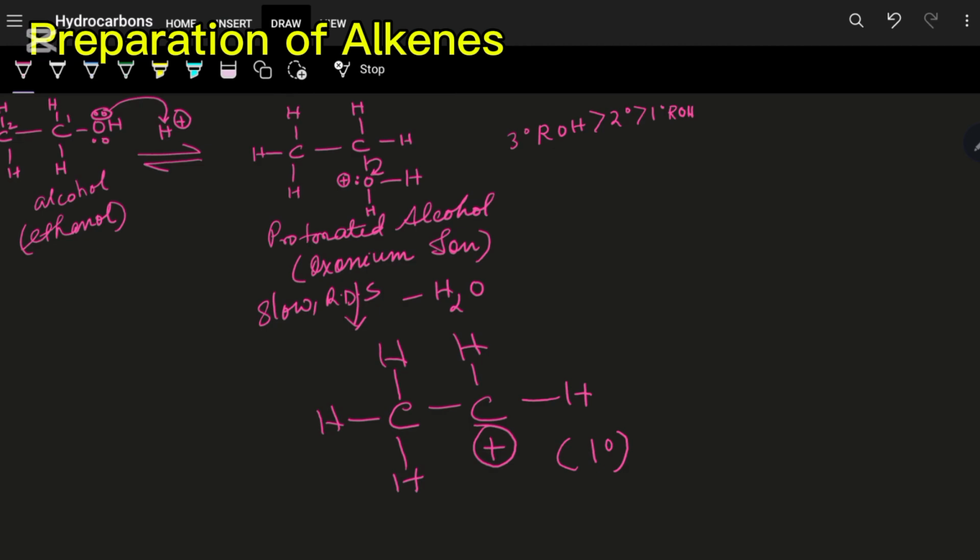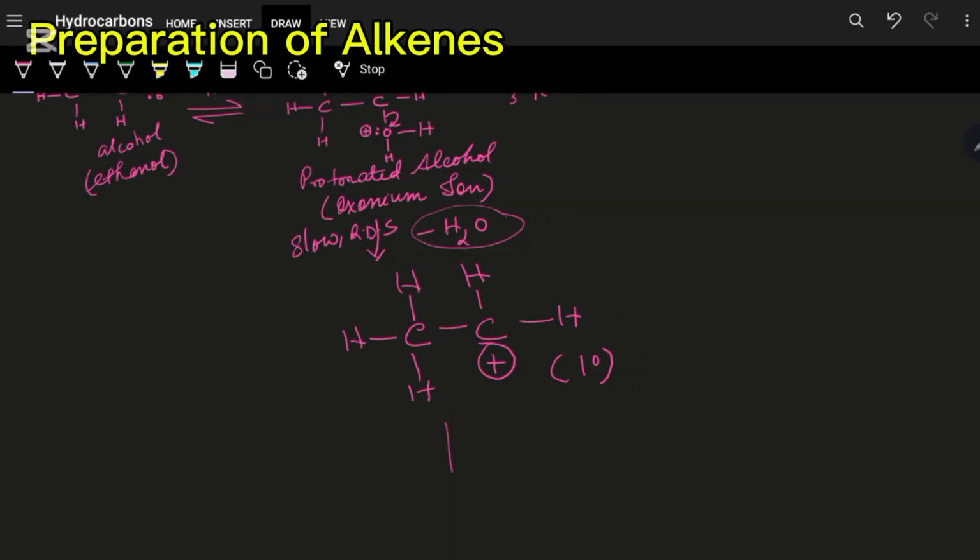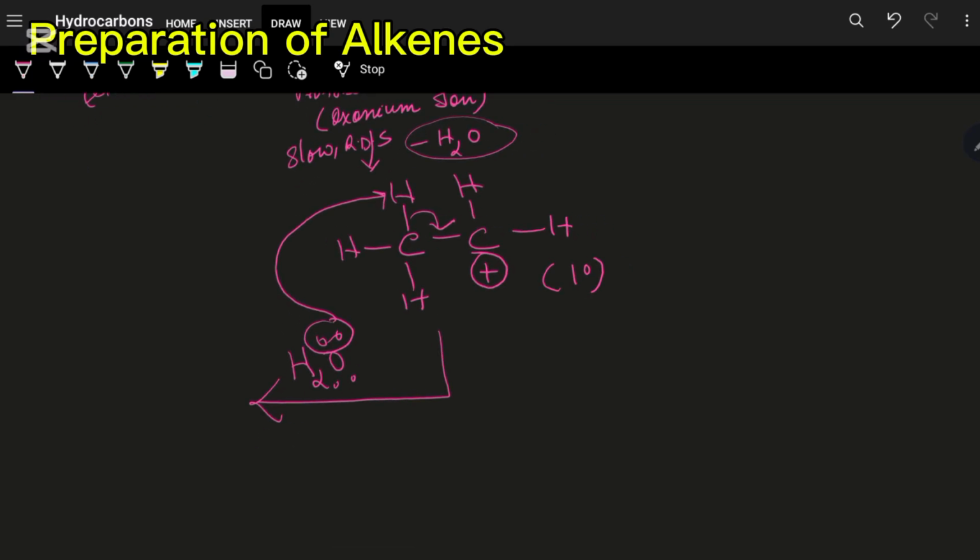Now here in the medium, due to the elimination of H2O, what happens? We know water has amphoteric behavior. So it abstracts this proton and forms a double bond here. On this proton abstraction, we are left with CH2 double bond CH2, which is an alkene, and H3O plus is regenerated.